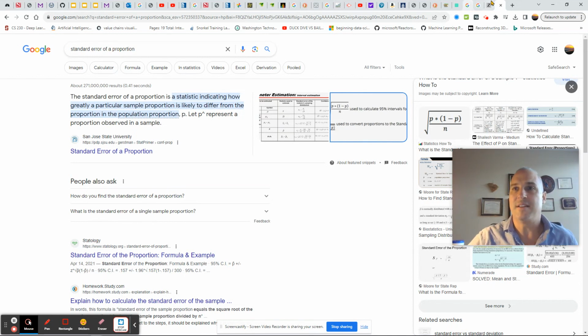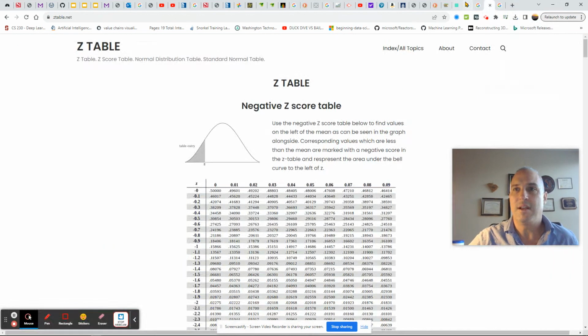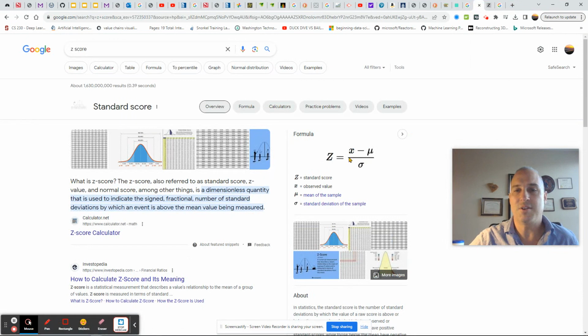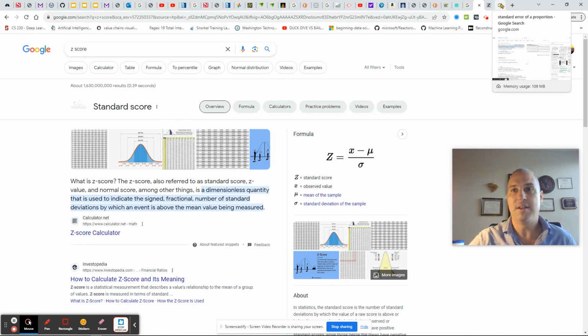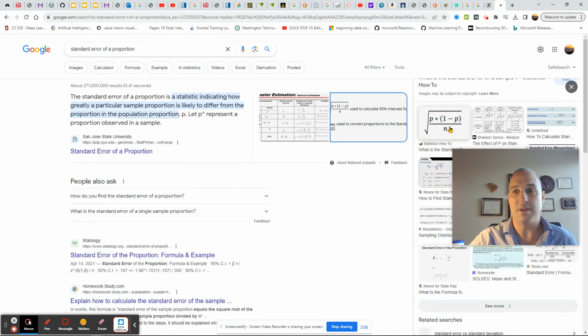Now, getting back to the z-score, when I calculate this, again, how many standard deviations is 50% from 67%? That would be 0.5 minus 0.67, divided by this standard error that we calculated using this formula right here.